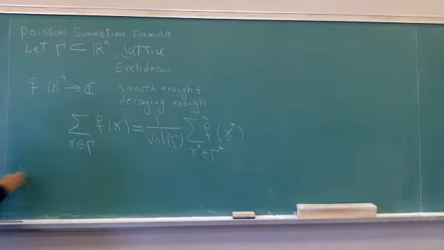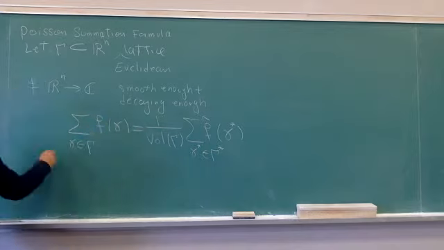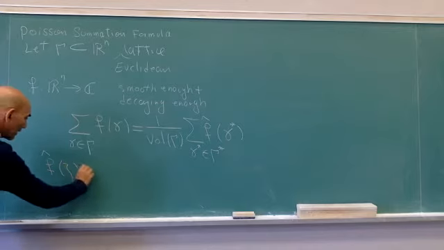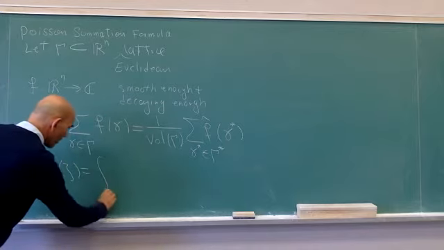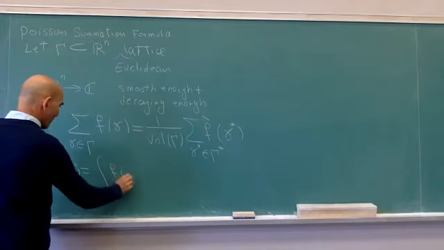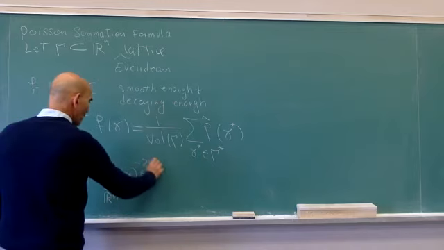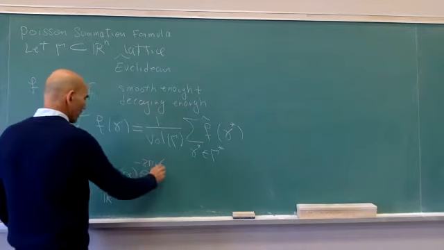Again, we have to fix our conventions for the Fourier transform for functions on R^n. So f hat of c again is equal to the integral over R^n of f of x times exponential of minus 2 pi i inner product of x and c, dx.